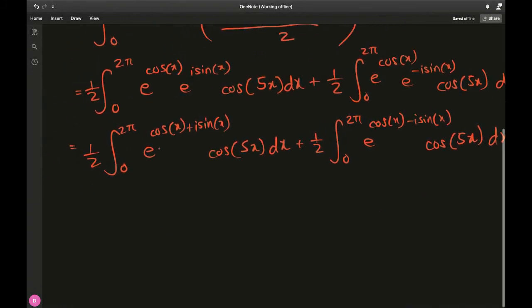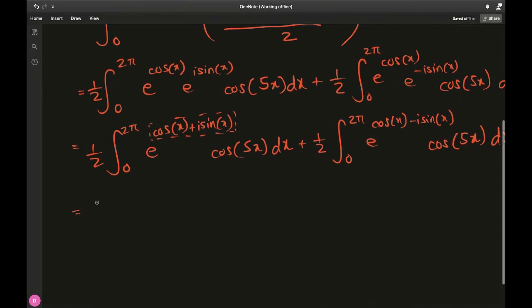Now notice, just in the argument of this exponential, cosine of x plus i sine of x, that's exactly Euler's identity. That's e to the ix.